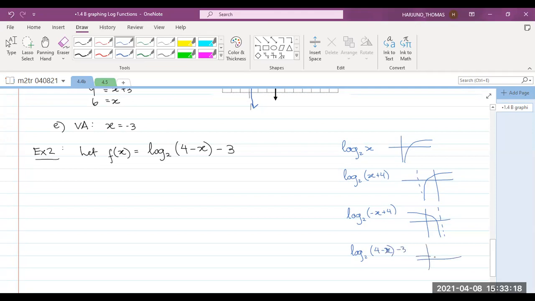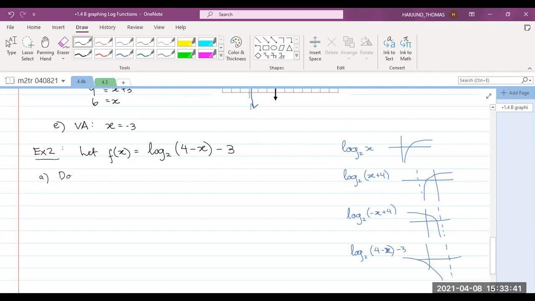So maybe it looks like this now. Basically, you move it down. I guess later on it should look like this, but you don't need to be super accurate for this though. Now let's start with the question of the domain.